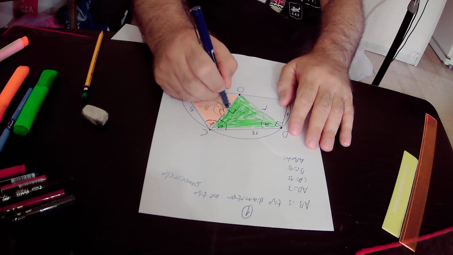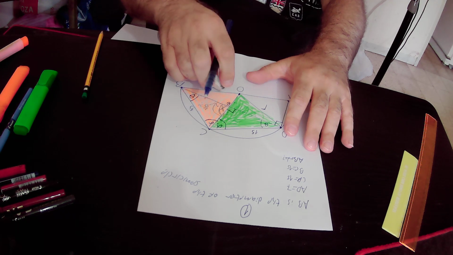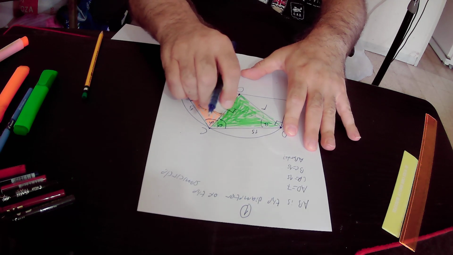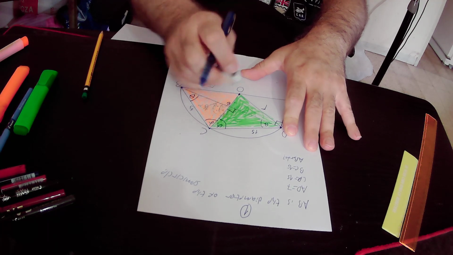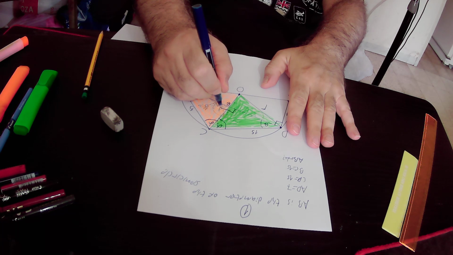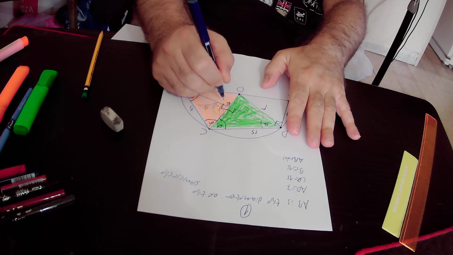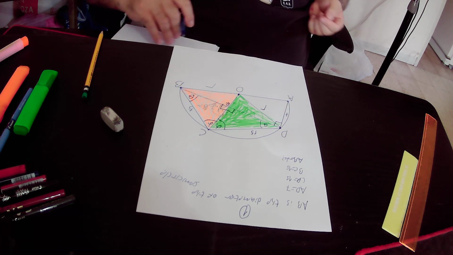This is a right angle, and also this angle x also equals 90 degrees. So I will draw a right angle. This angle also equals 90 degrees. So here we have two angles that are equal to 90 degrees in their sizes.